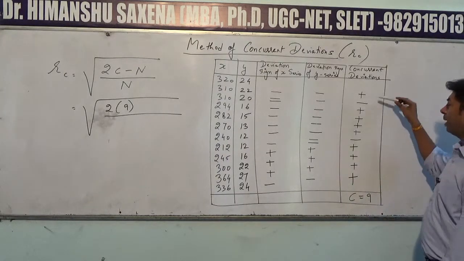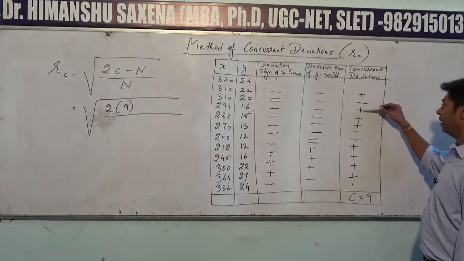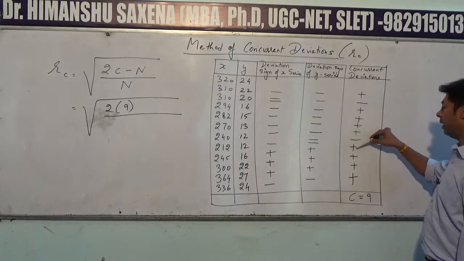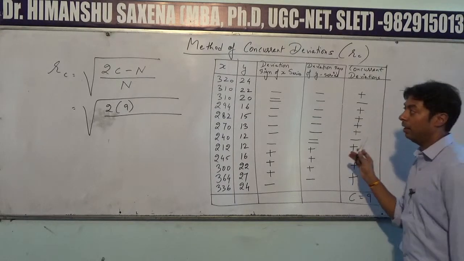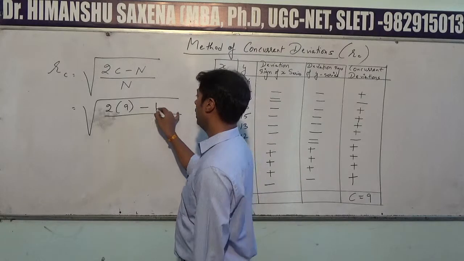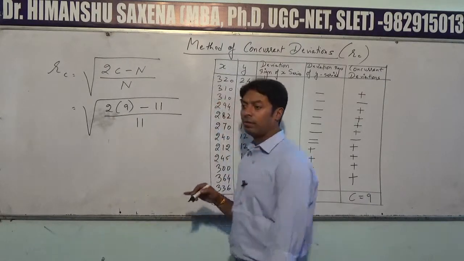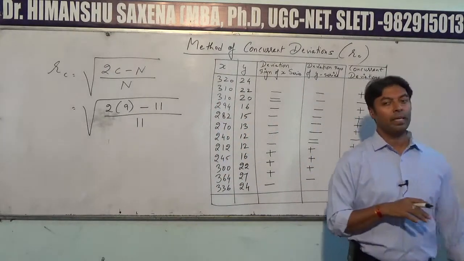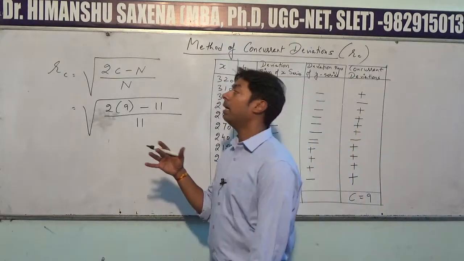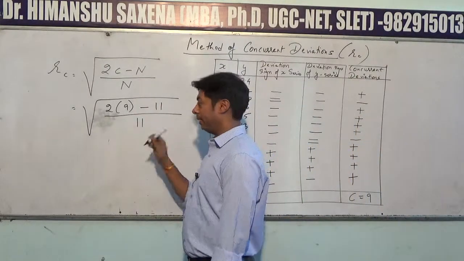So the number of comparisons made were 1, 2, 3, 4, 5, 6, 7, 8, 9, 10, 11. So there were all in all 11 comparisons made, so n is equal to 11.